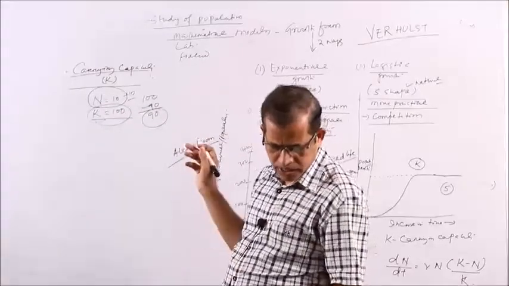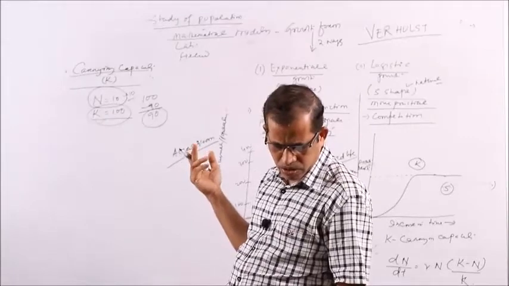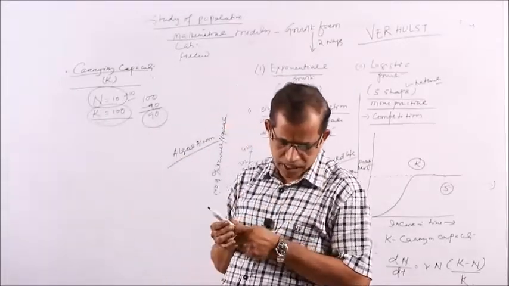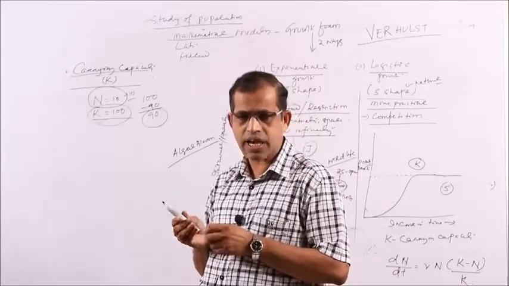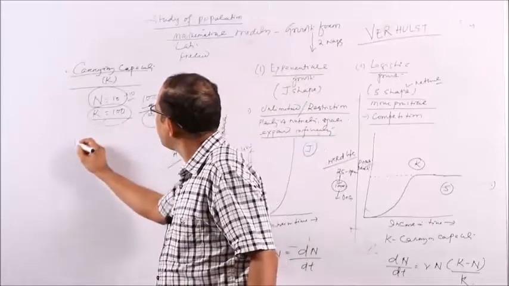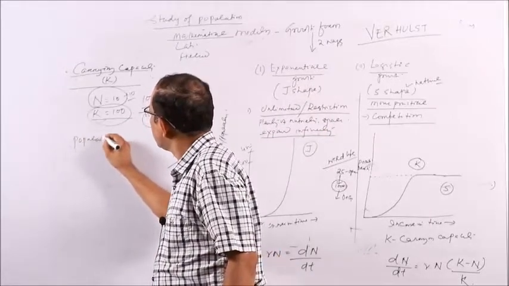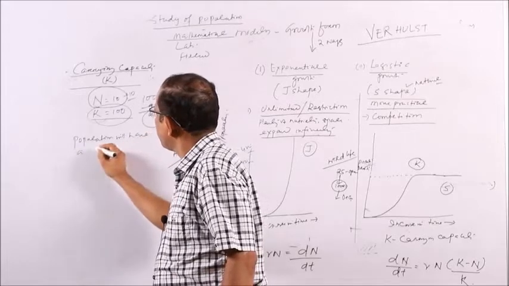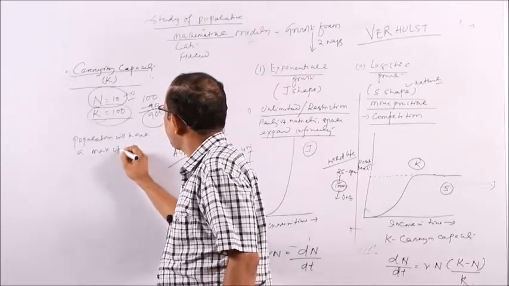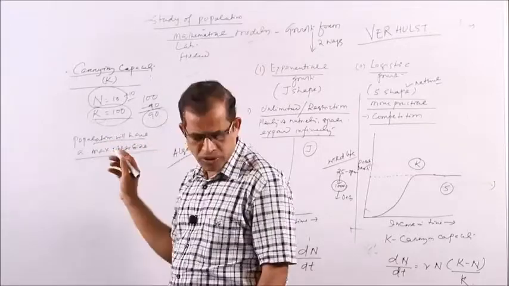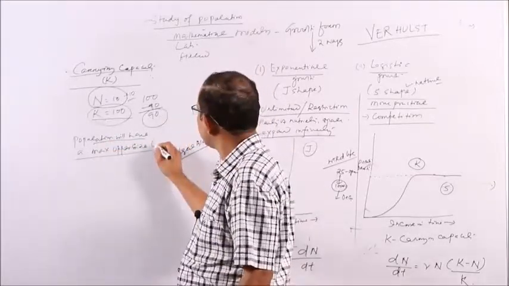In other words, the various biotic and abiotic components interact in such a way that the population will have a maximum upper size. It has an upper size limit.